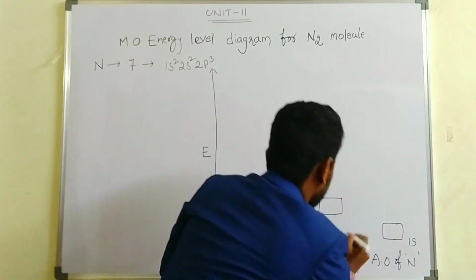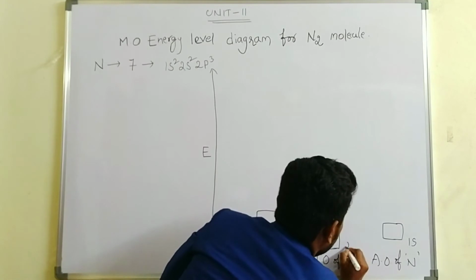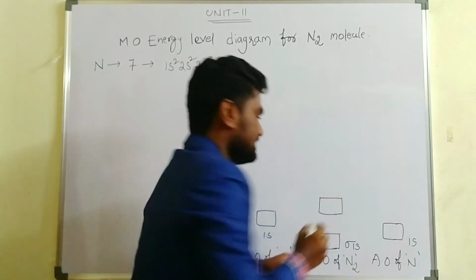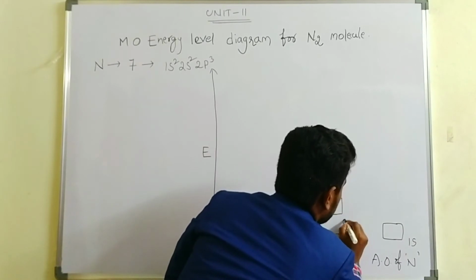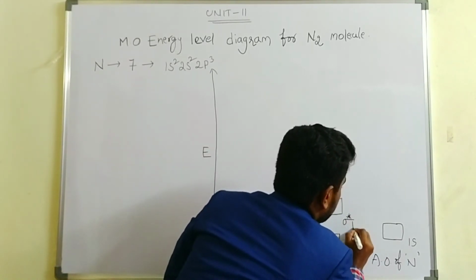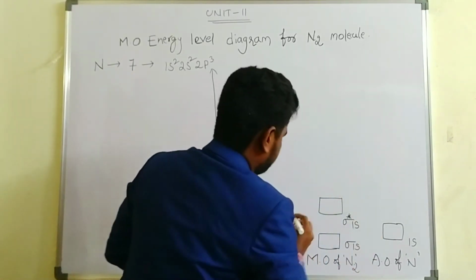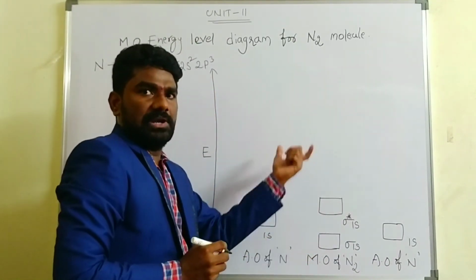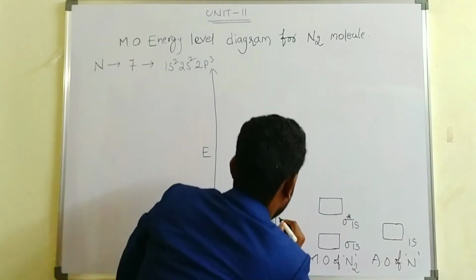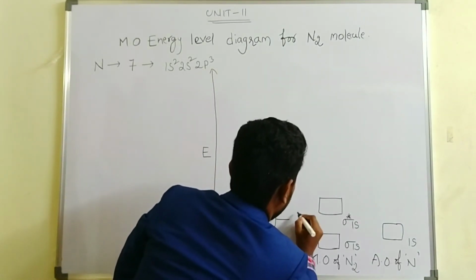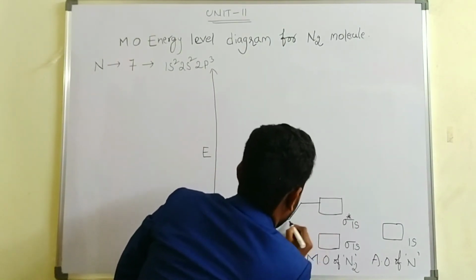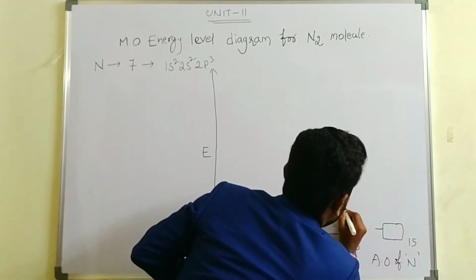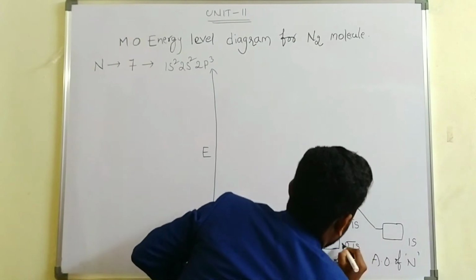Here the lowest molecular orbital is sigma 1s and the highest molecular orbital is sigma star 1s, isn't it? Yes. Observe here how to draw the molecular orbital energy level diagram. Okay. So in this way we are going to construct.